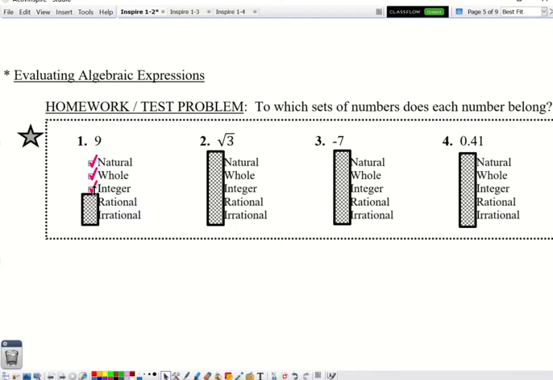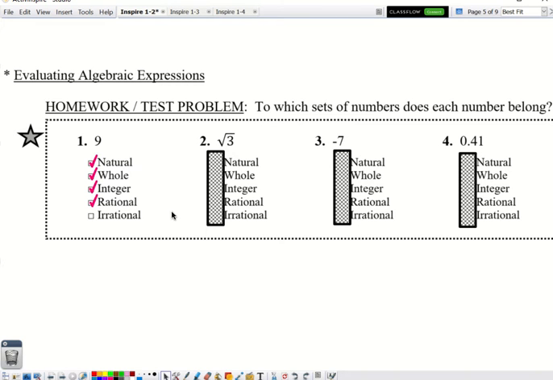It's also an integer. It's almost like a snowball effect. Because 9 is natural, that automatically makes it whole, which automatically makes it integer, which automatically makes it rational. Remember, these sets live in each other. There's big time overlap of these sets.